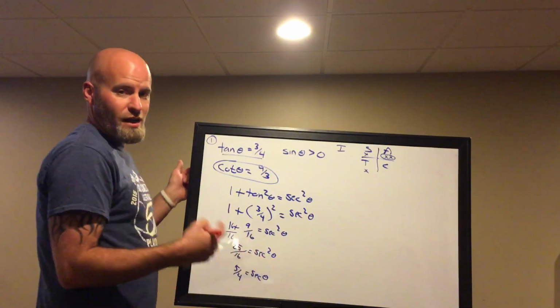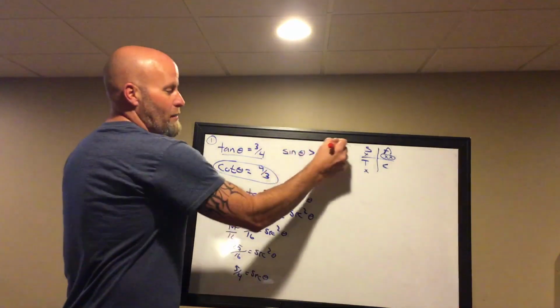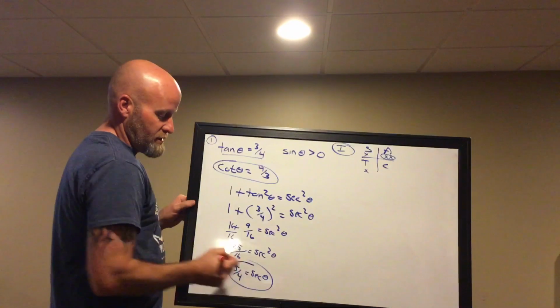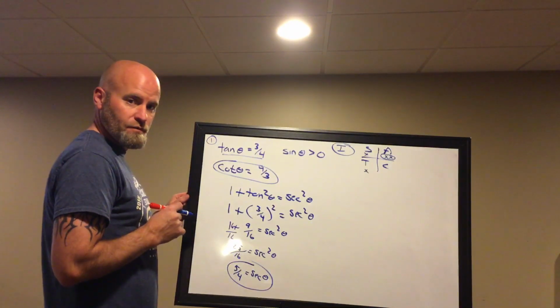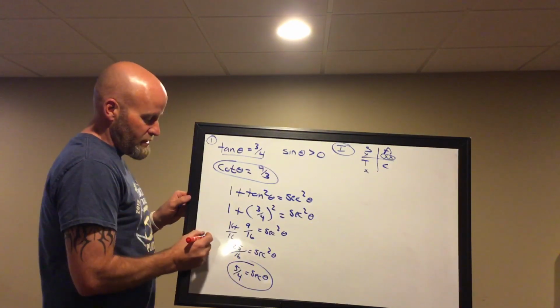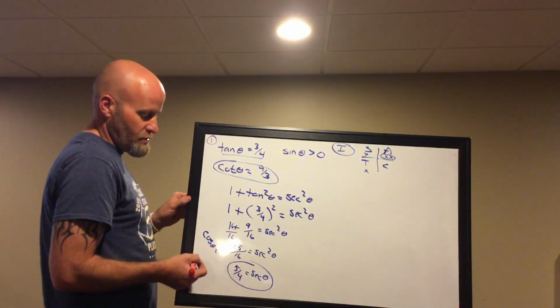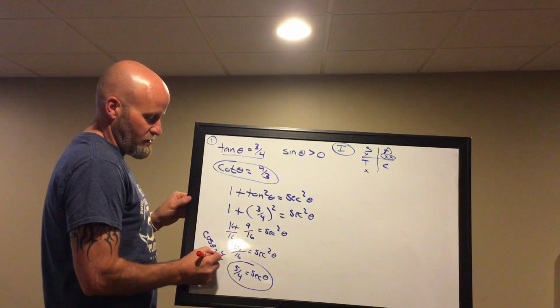Now when you square root both sides, you have to have plus or minus, but remember we're in quadrant 1, so everything's positive, therefore secant is going to be 5/4. Next, its buddy is cosine. So cosine is just going to be the reciprocal of that, so it should be 4/5.